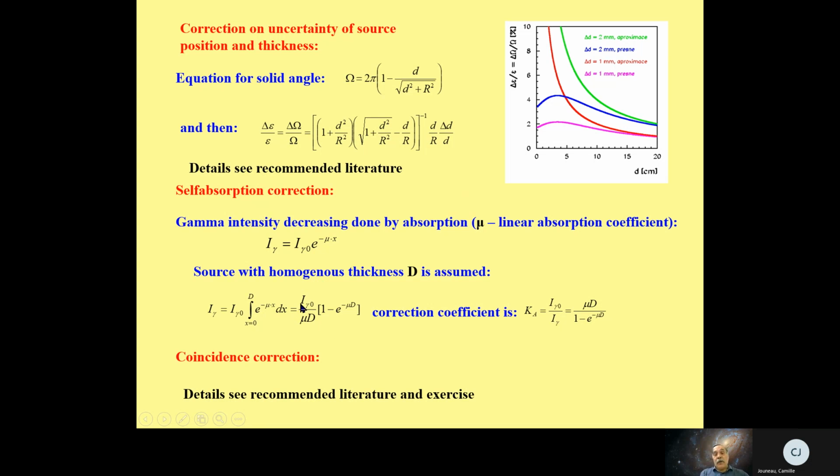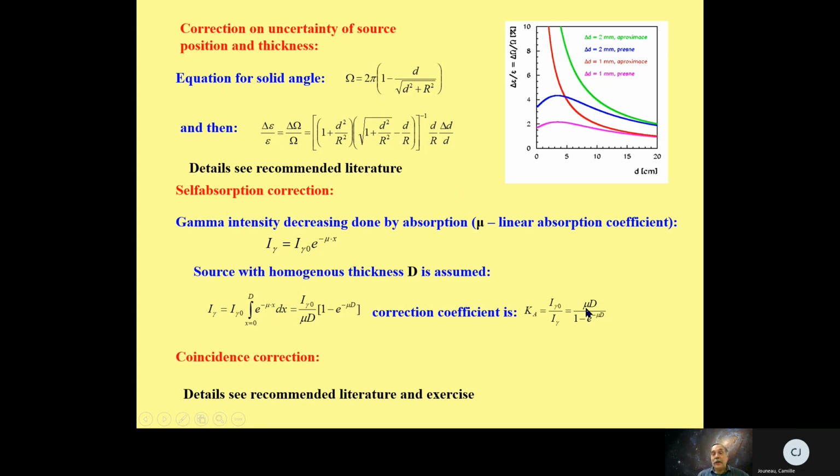From this you get a correction coefficient, which is given by the ratio of the intensity of gammas which are emitted and the gammas which are measured, running to the detector.